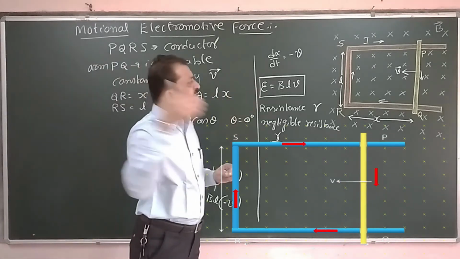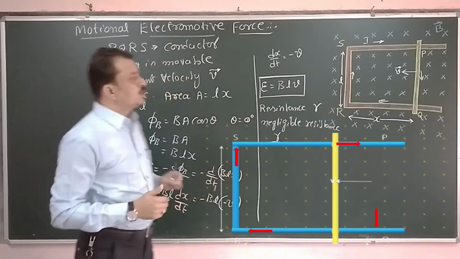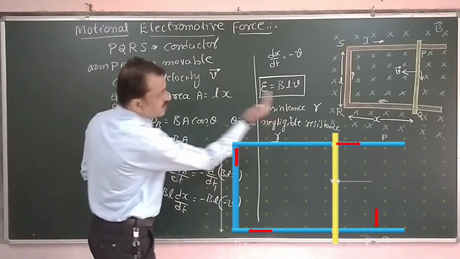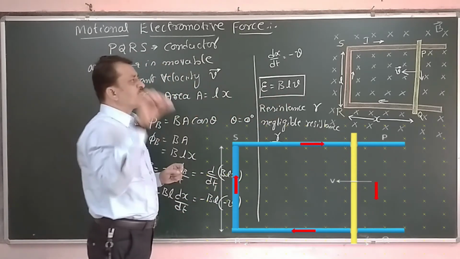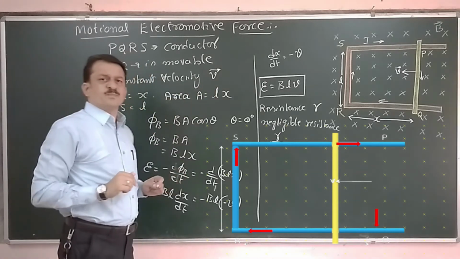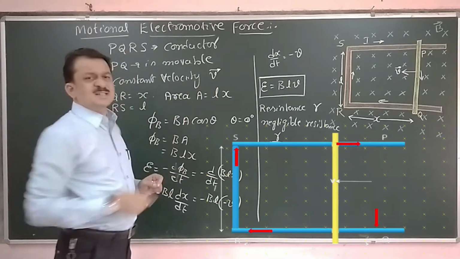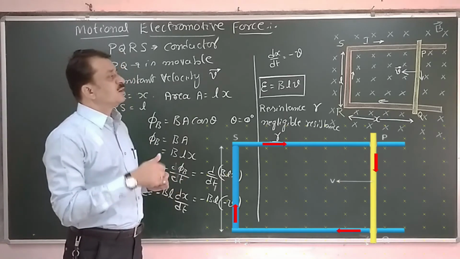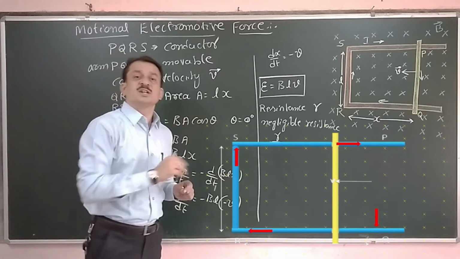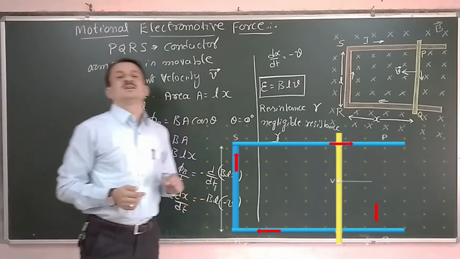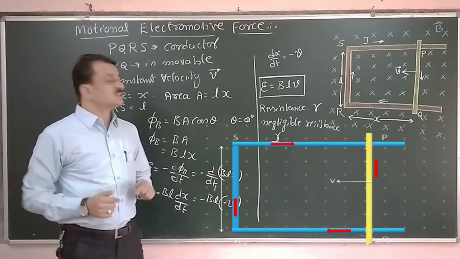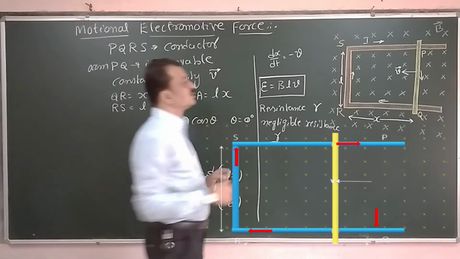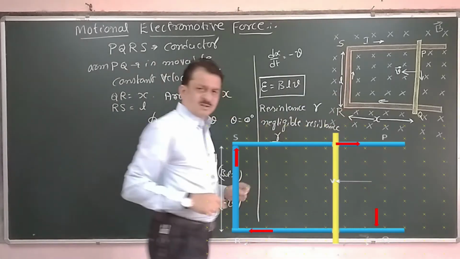Now here the magnetic field is into the plane. As arm PQ is moving inwards, the number of field lines is decreasing. The current should be such that the field it produces is along the field direction, so that it increases the magnetic field lines. For that reason, the current should be in the clockwise direction.